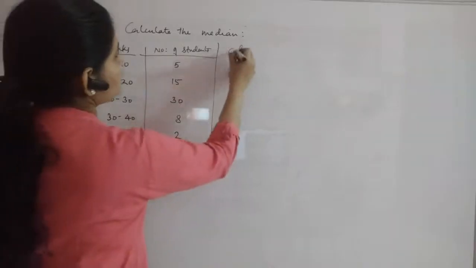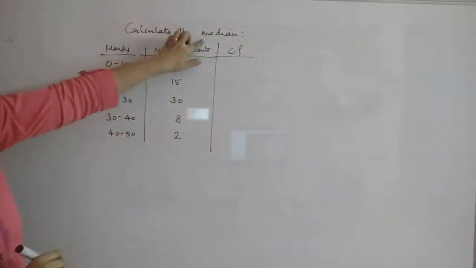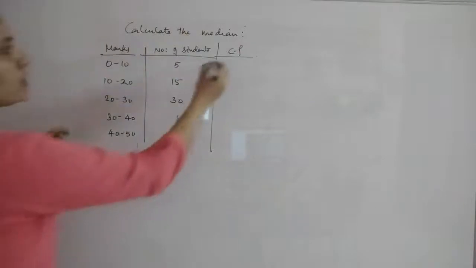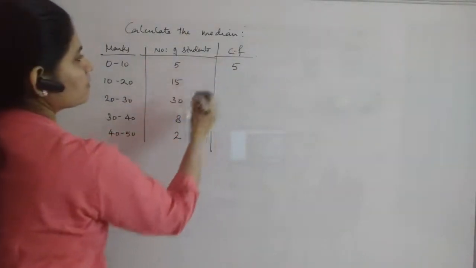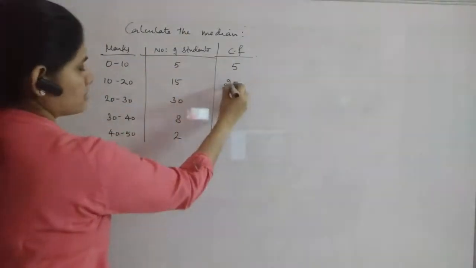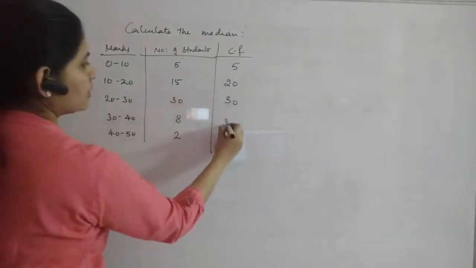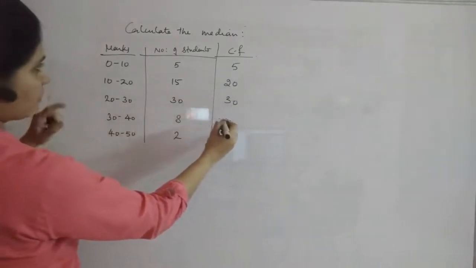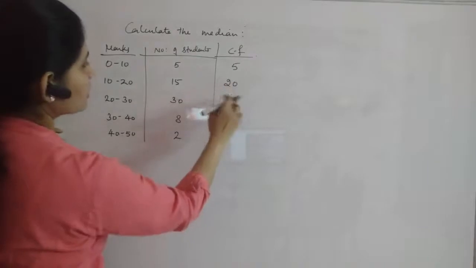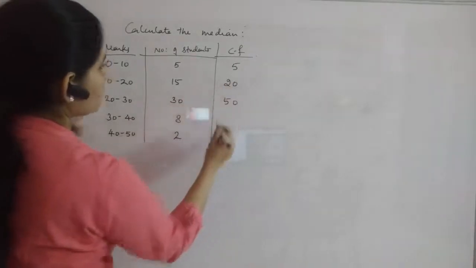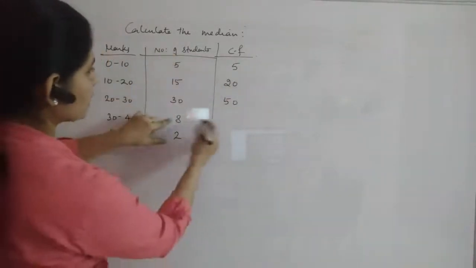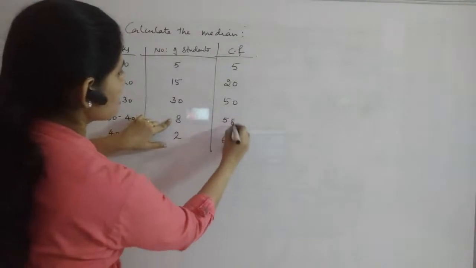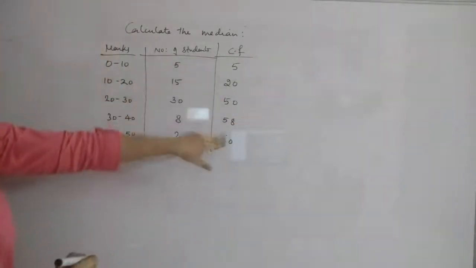For finding out the median, we have the cumulative frequency table. So here you will get 5, then add 20, then add 30, sorry, from 20, from 50. Okay, 20 plus 30 is 50, and then you will get 58, and this is 60. So this is what your cumulative frequency is.